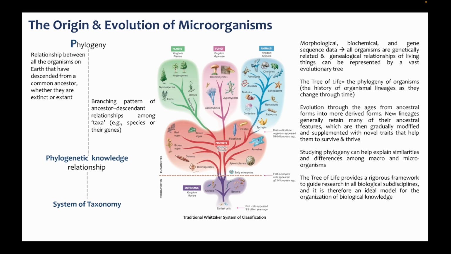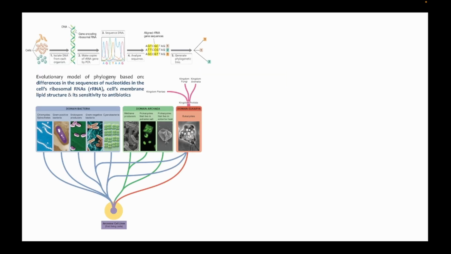But now we have the taxonomic classification based on the ribosomal RNA gene. The gene of interest is 16S rRNA for prokaryotes and 18S rRNA for eukaryotes.